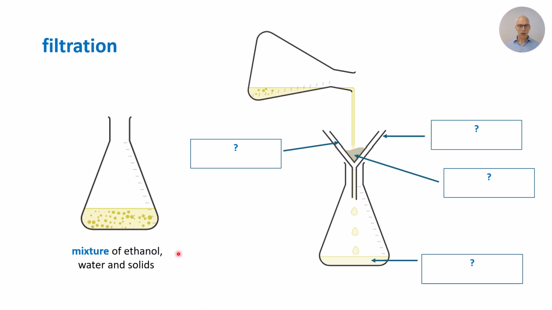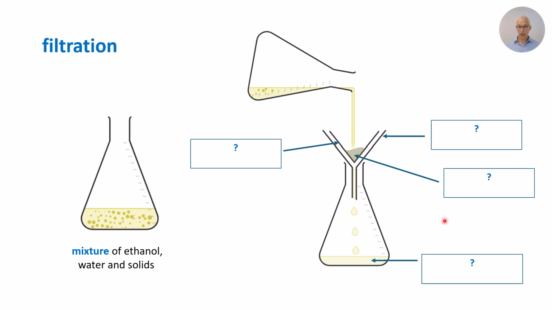So let's start with the mixture of ethanol, water and the solids from the yeast preparation. We want to extract a pure sample of ethanol. Well, the first thing to do is to carry out a filtration to remove those solids and produce a solution of ethanol and water.